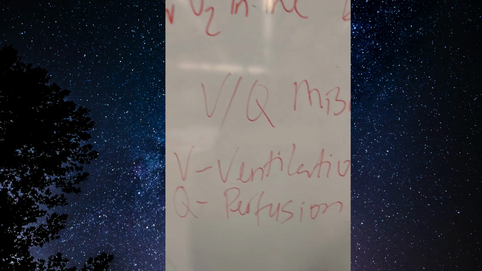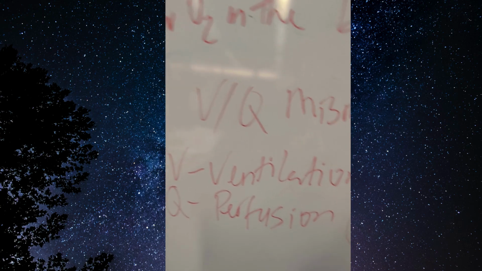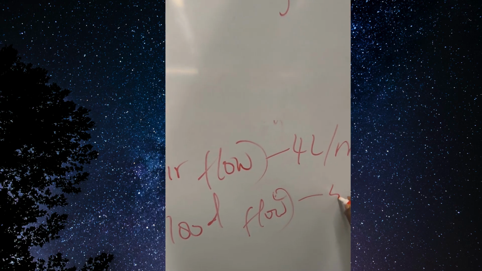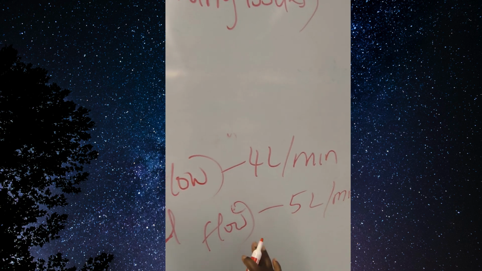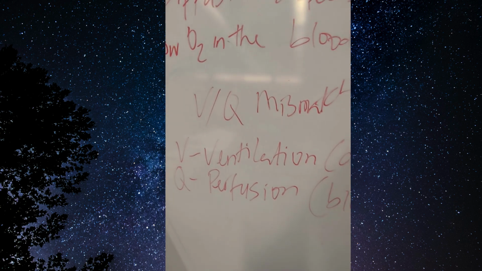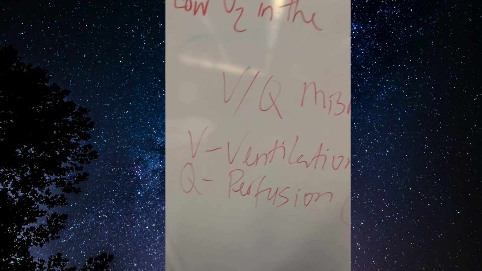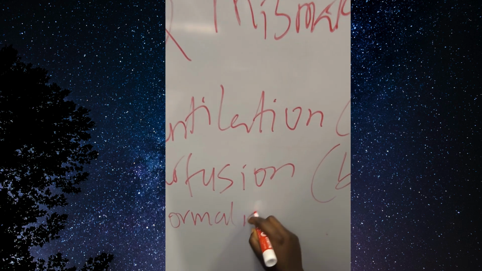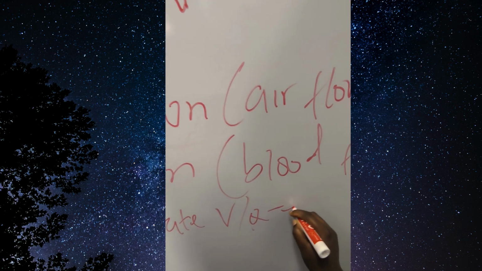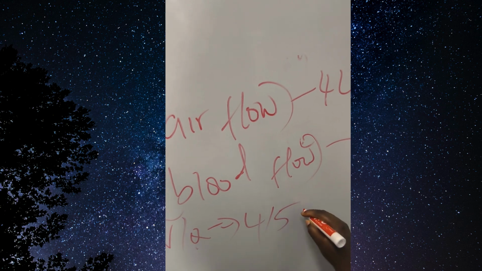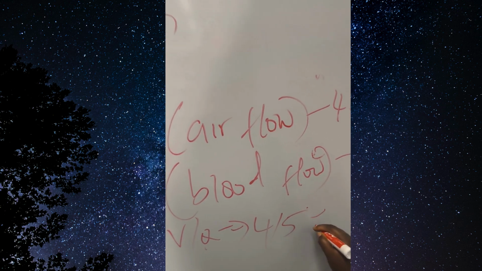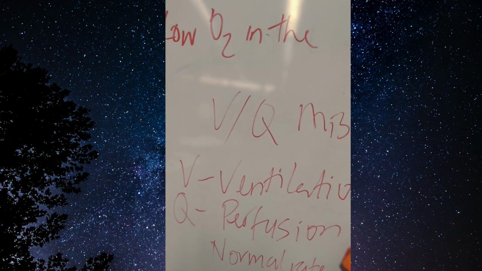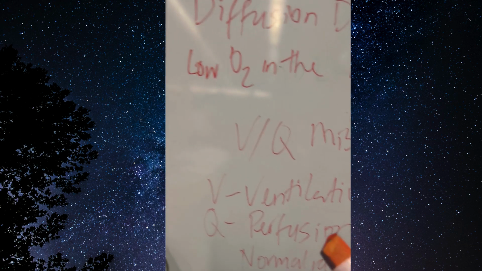The normal expected values are 4 liters per minute for the ventilation and 5 liters per minute for the perfusion. And then the normal VQ is 4 over 5, which equals 0.8.